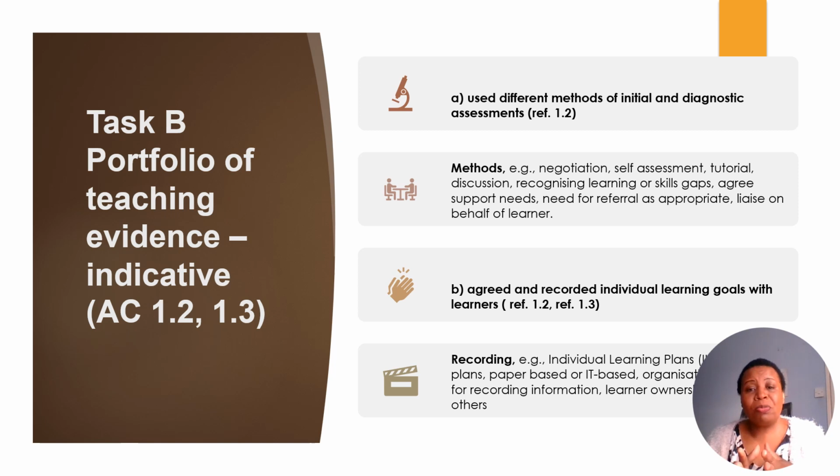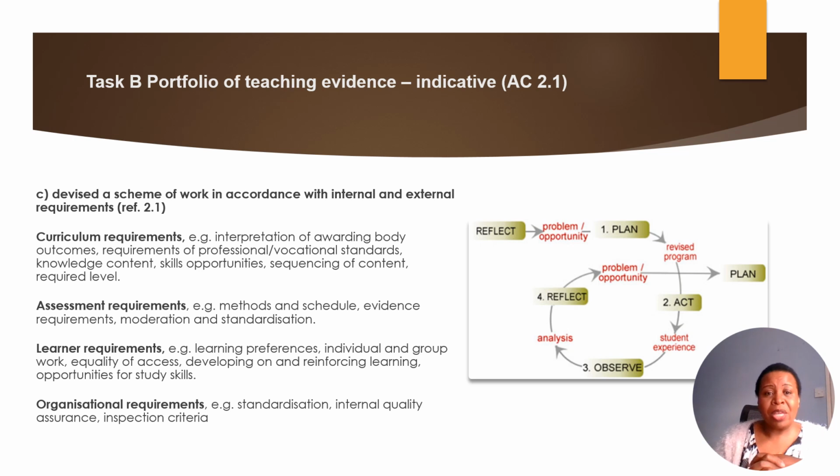And then you need also to be able to agree and record individual learning goals with the learners. Again, this is where the ILP comes in, and any other method that is used to keep a record of these is very welcome. Make sure you have the evidence and it's recorded and it's very clear.